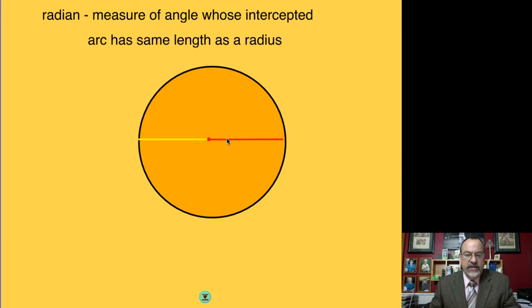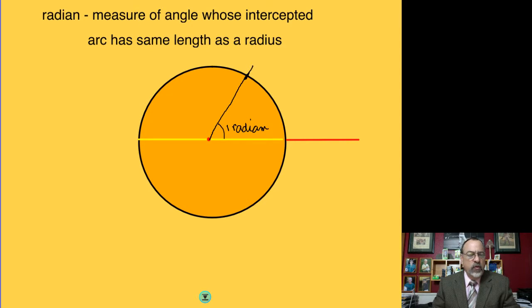Imagine taking this radius and somehow bending it along this arc to measure, and laying it on the arc, and it might come to right here. Then if I drew this other radius here, because the length of this arc is exactly one radius long, the measure of this angle would be called 1 radian.